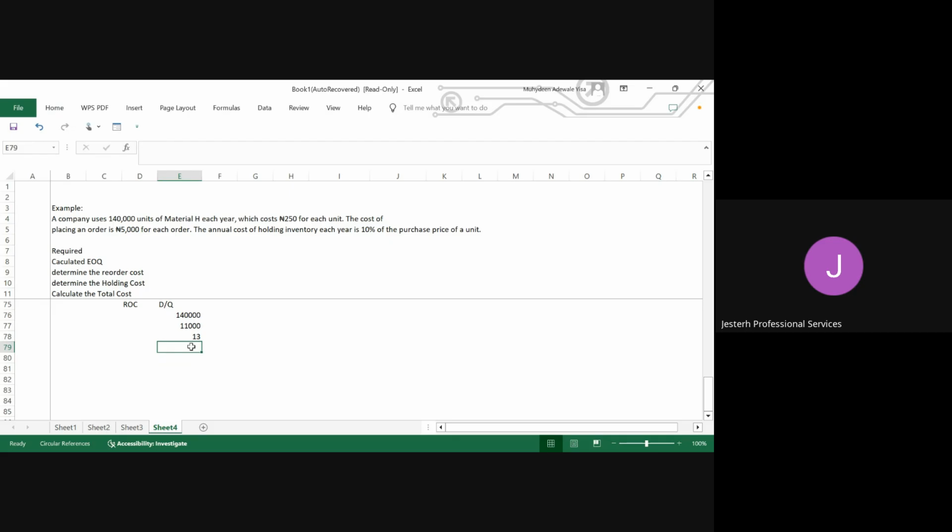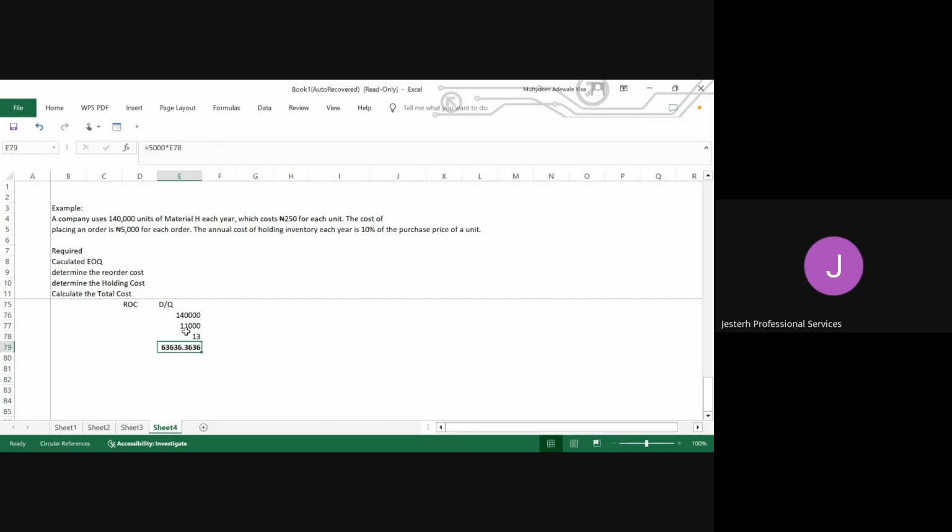But how much are they going to spend on the order level costs? Remember, our reorder level cost in this question is fixed. It is being charged at the rate of 5,000 naira. So what you are going to do here is just multiply the order level cost by the number of orders that they are going to make.